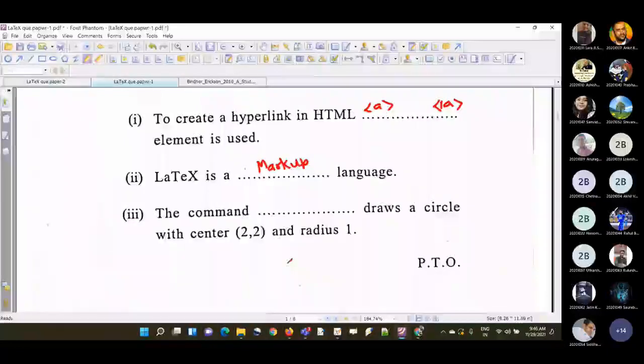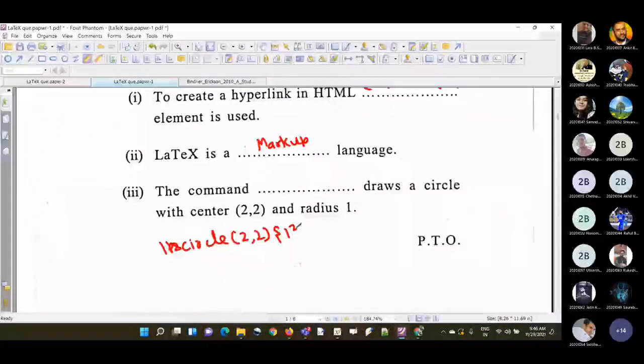The general syntax is a backslash, then PS circle, then you write the center x0, y0 and then the radius in curly braces. So this is the general syntax, and this is the particular syntax in this case. So you have to write this one here.